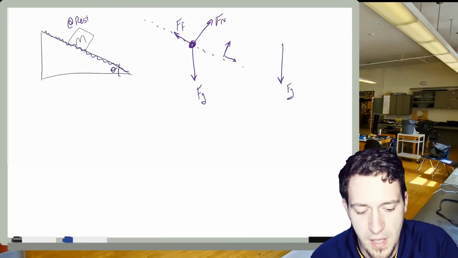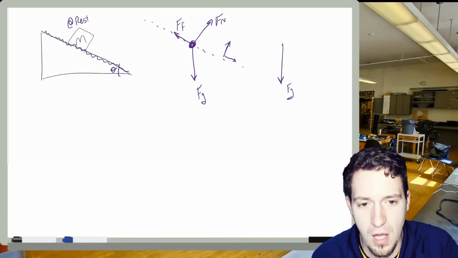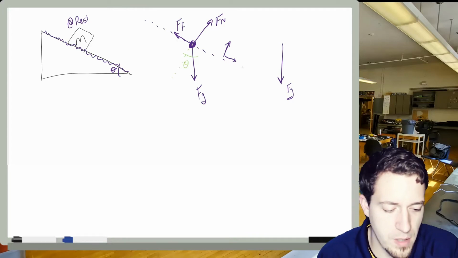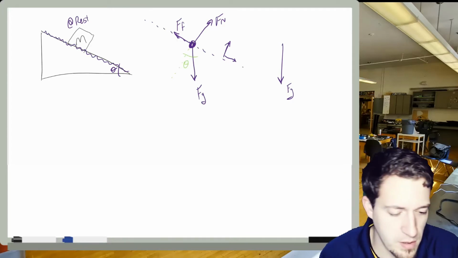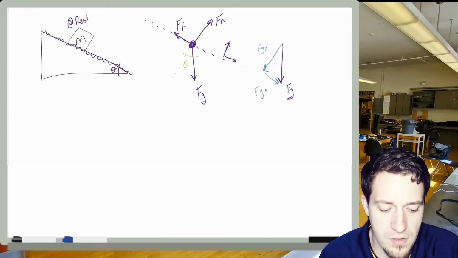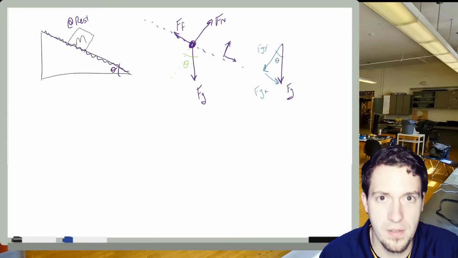So here is theta. Now, if we draw that angle, then theta is going to exist right there. When I draw my components here, I'm going to draw one like this, and we're going to call that FGY, and another one like this, which we would call FGX, and remember that there is theta.